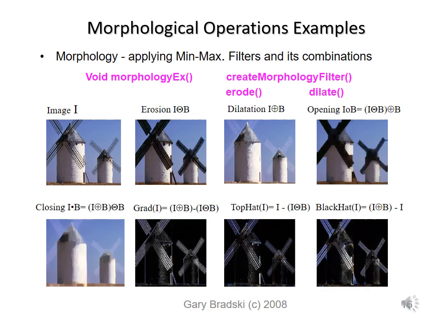Erosion of A by B means the structure B travels inside A, cutting off the part where B's center does not pass. Dilatation of A by B means the structure B travels outside of A, including the parts at the center of B.